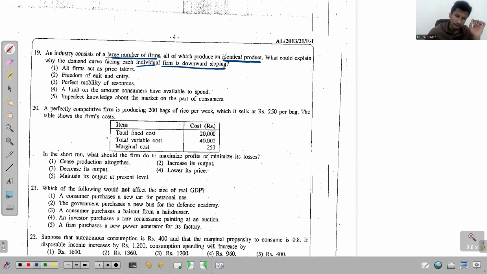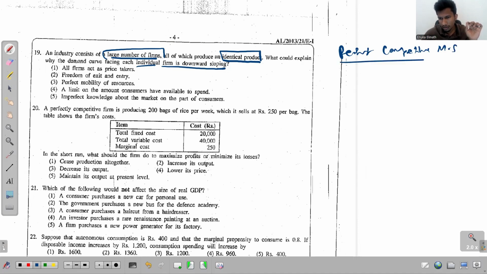The reason is, if there are a large number of firms producing the identical product, theoretically it has to be a perfectly competitive market structure. But what happens if it's a perfectly competitive market structure? The firm becomes a price taker, and they can sell any quantity that they produce at the decided price in the market.